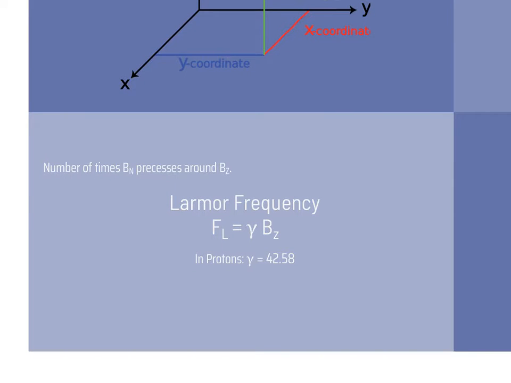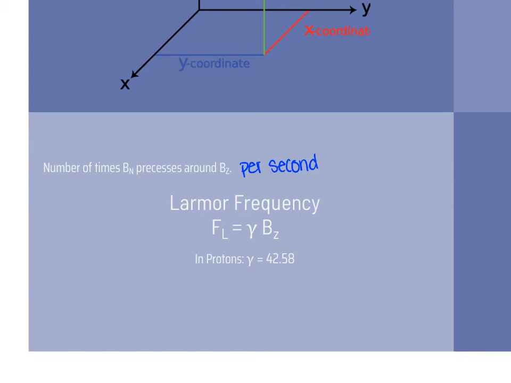So the longitudinal magnetic field we define as BL, and the transverse magnetic field that we said doesn't exist right now because these two cancel out is called BT. So the number of times that Bn precesses around Bz is defined as the Larmor frequency, and this is the number of times that it precesses per second.